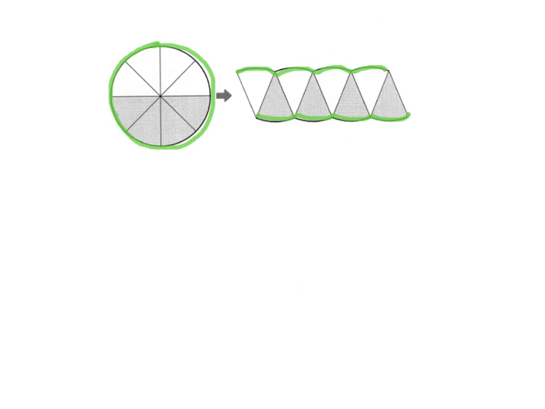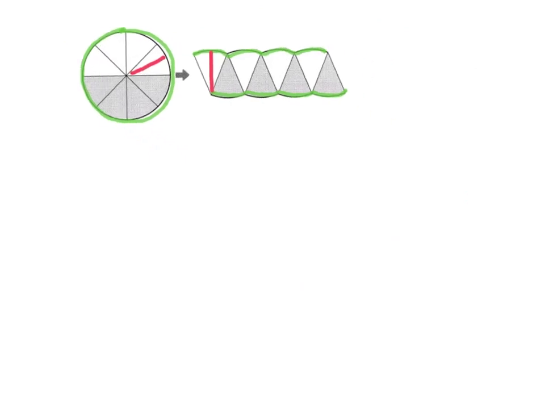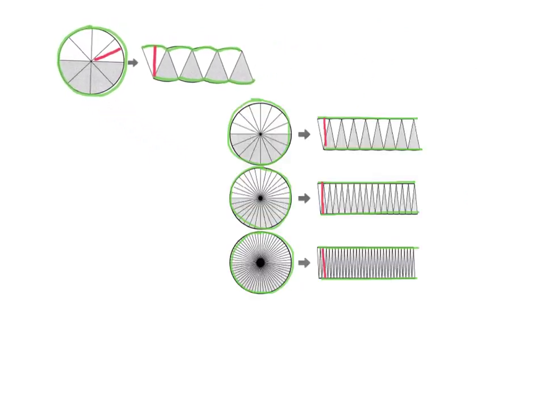We can also see that the radius in our circle is actually the height of the shape that we're making over to the right.